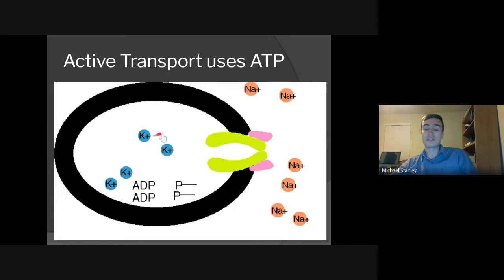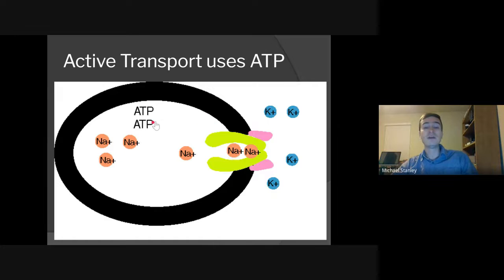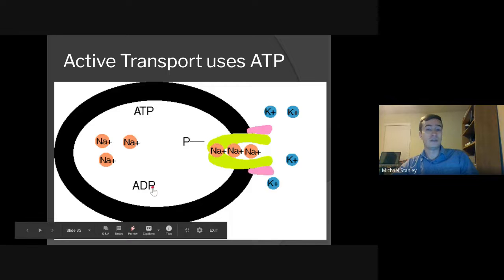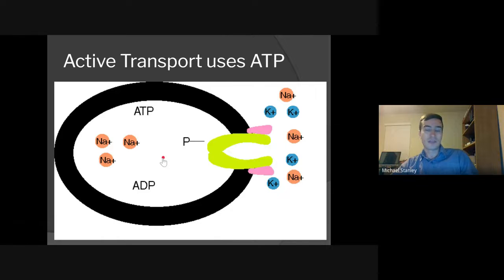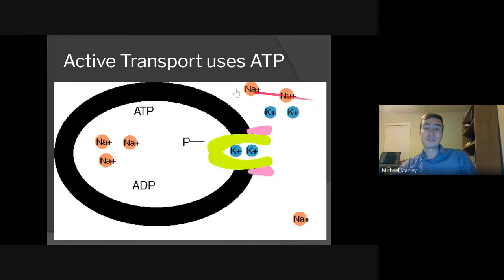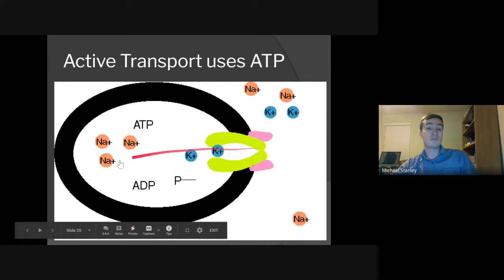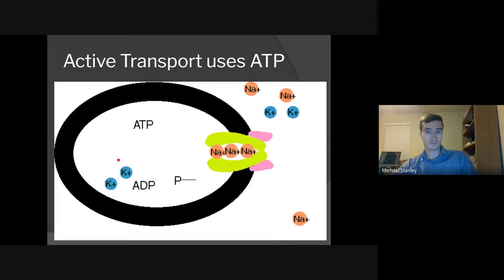So again, it's the same basic premise. We're using ATP. In this case, when we break off an ATP, we can let 3 sodiums out and let 2 potassiums in.